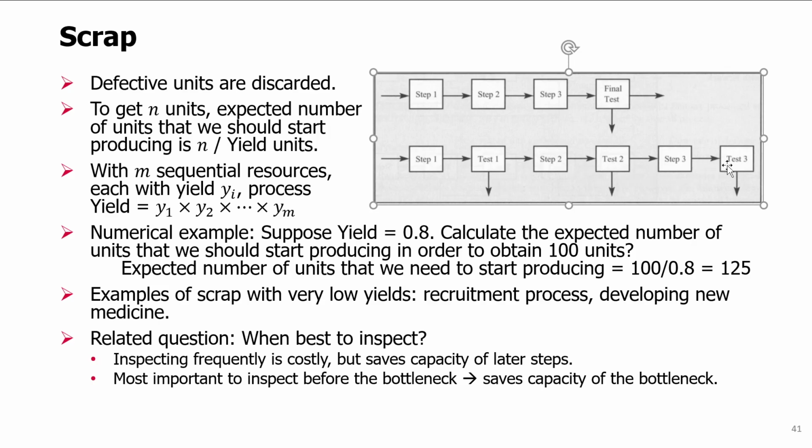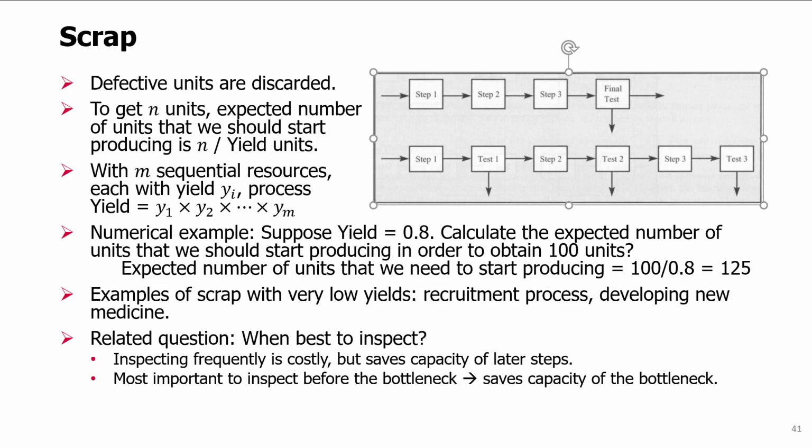Test 1, test 2, test 3, after step 1, 2, 3, respectively. Of course, this helps save some capacity on step 2 and step 3 when the earlier tests detect defects. But the disadvantage is that we have much more testing to do. So the question is, again, which one is better, considering both pros and cons.